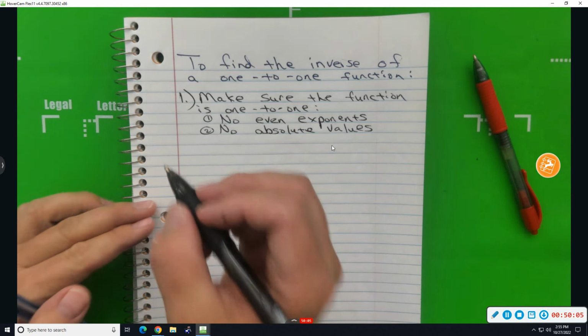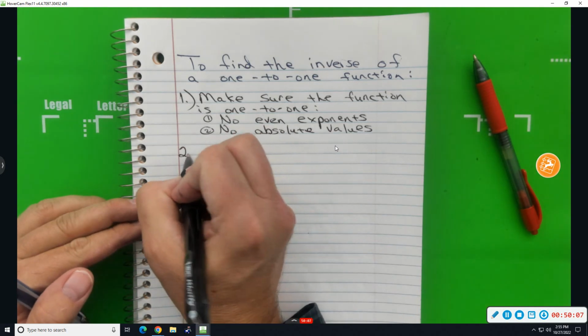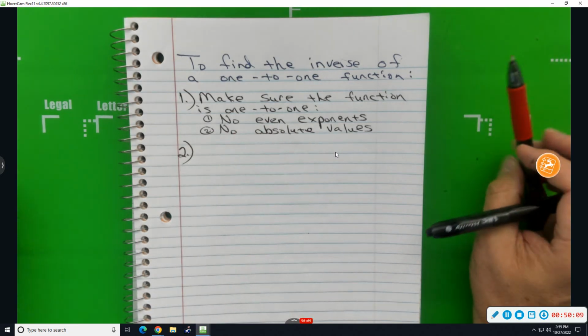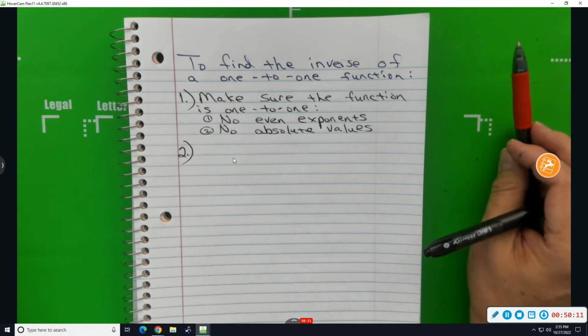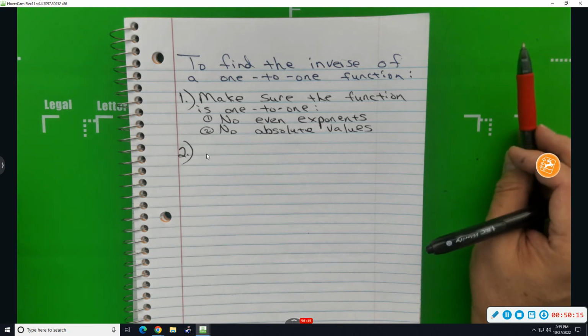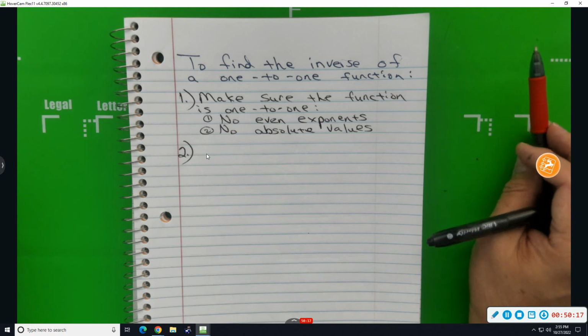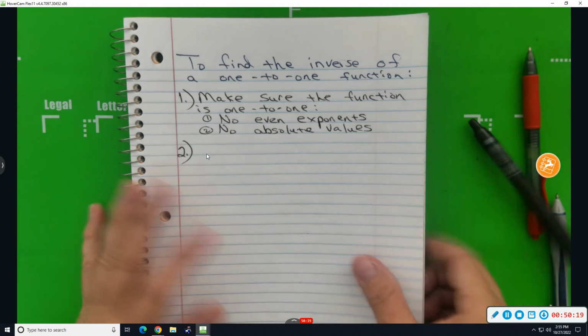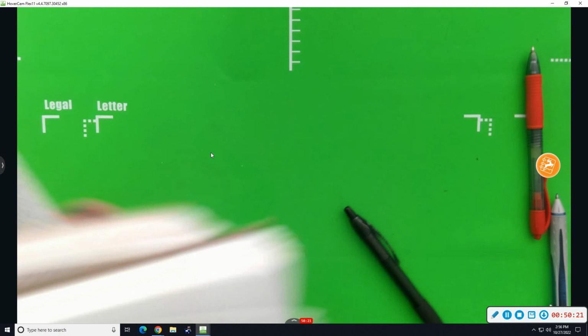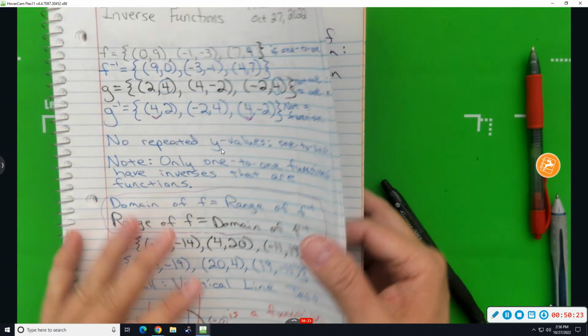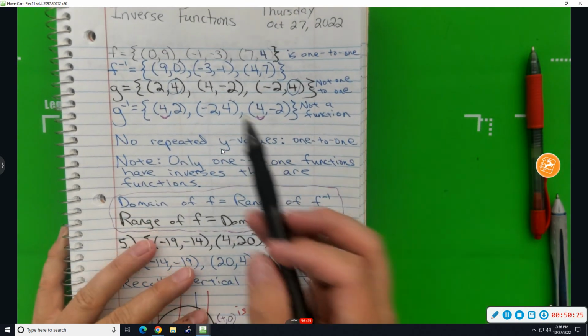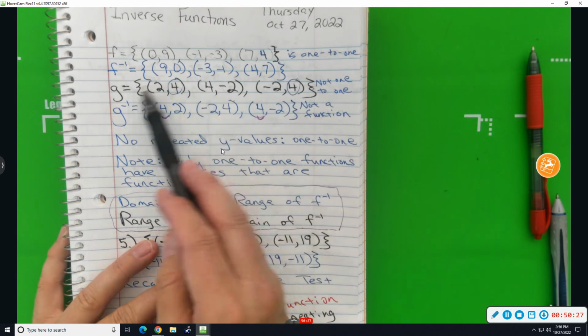Now tell me in words the second step. How do you find an inverse? In general, what is an inverse function doing? Think about how we found those first inverses right when we started this class today. How were we finding these inverses?